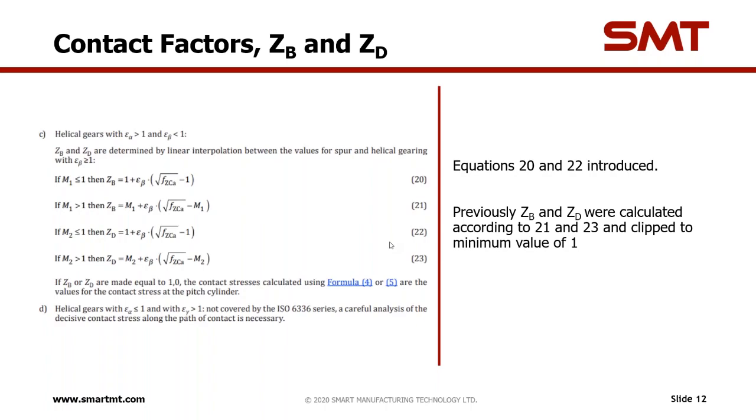If the FZCA is different, both parts B and C would result in different values. But again, if the microgeometry of your gears is designed within MASTA, this shouldn't actually affect you.